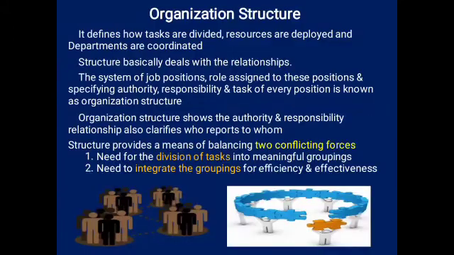Next, the organization structure. What is an organization structure? It defines how tasks are divided, resources are deployed and departments are coordinated. First, the organization structure divides the work. For example, take the textile industry. First the raw material has to be purchased, and the purchased raw material has to be cleaned, and clean cotton has to be obtained.